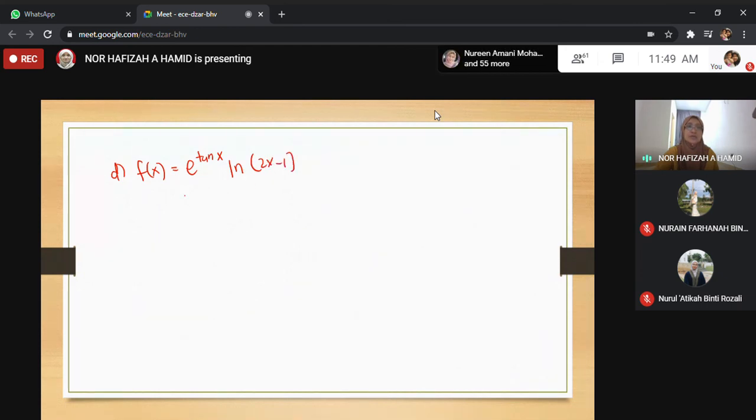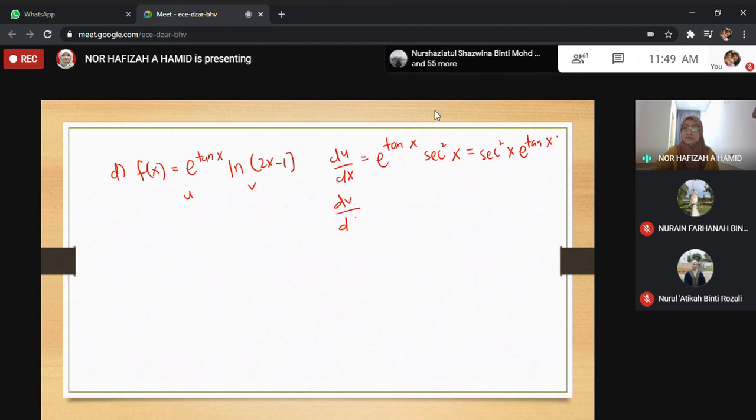So ni you punya U and then this one is V. Okay, so you have du over dx, equal to E tangent x times with secant square x, also equal to secant square x E tangent x. Okay, and you differentiate V, so dv over dx is equal to 2 over 2x minus 1.